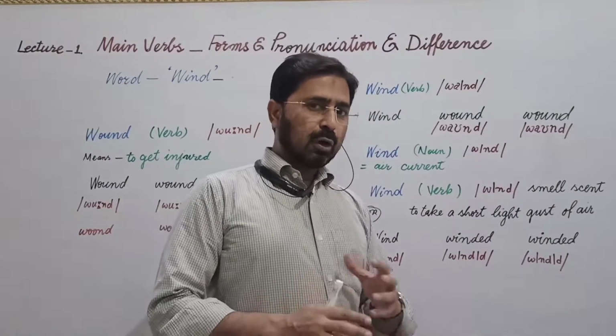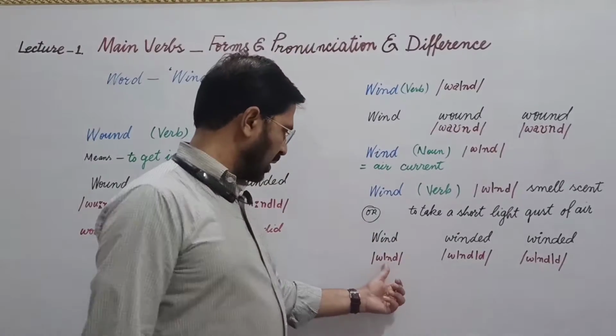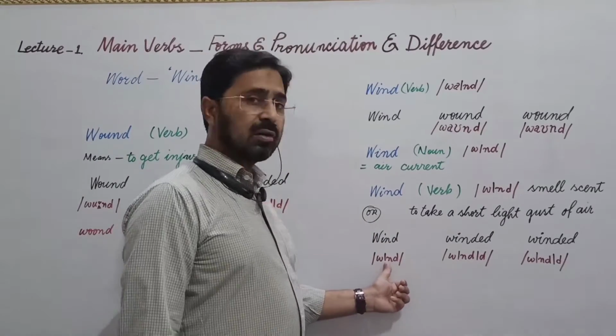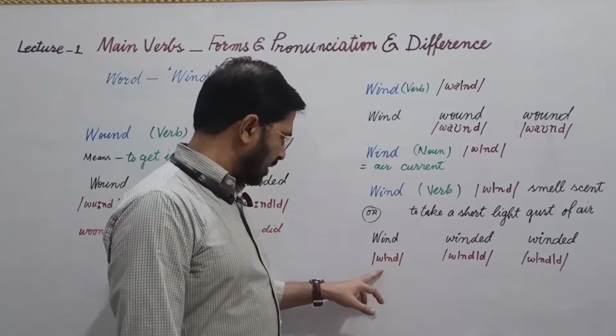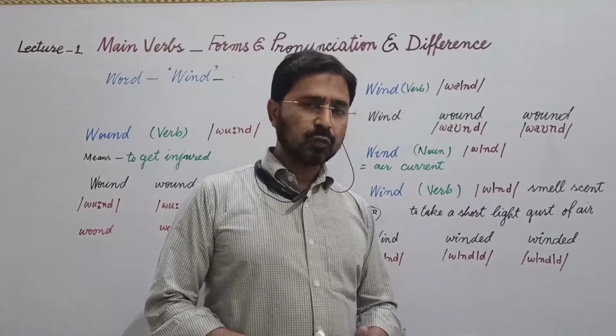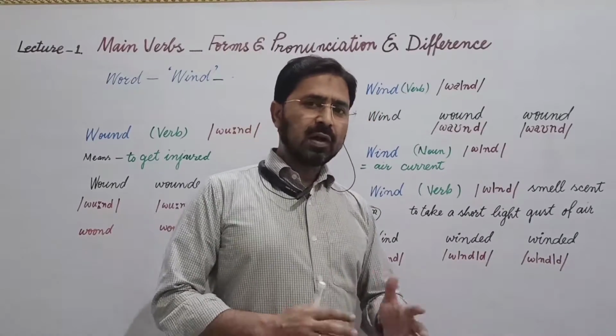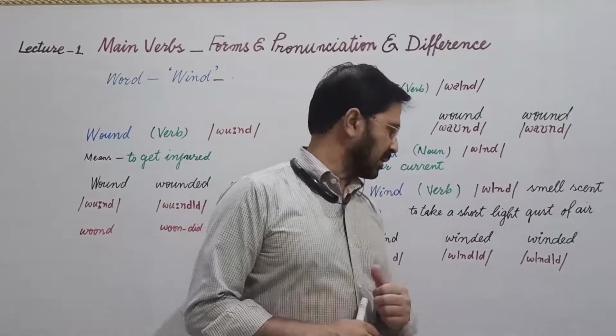And the key of its pronunciation is written here. It is the International Phonetic Alphabet, and these are the symbols of writing pronunciation. You will have to go through phonetics on how to write them, and we will cover it in our next lectures.